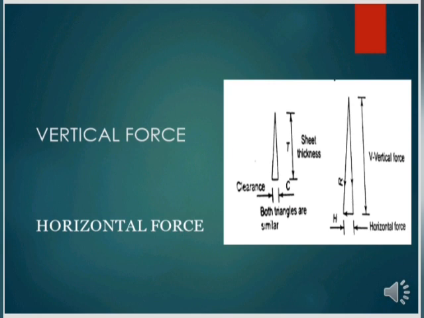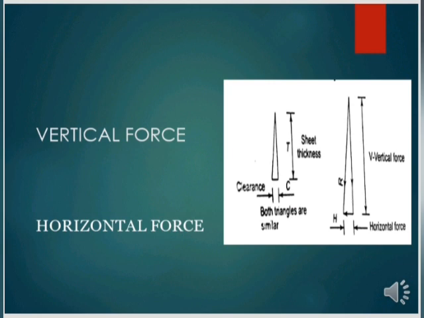Vertical shearing force is represented by V and horizontal force is represented by H. And in the other figure, sheet thickness is represented by T and clearance is shown by C. Both triangles are similar.